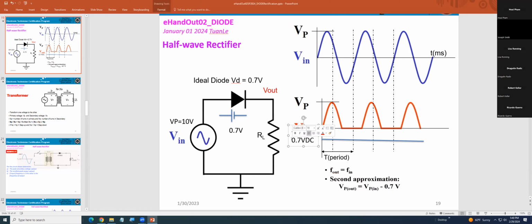That's my biggest problem, trying to understand where the minus 0.7 comes from. You don't know where the minus 0.7 comes from, right?